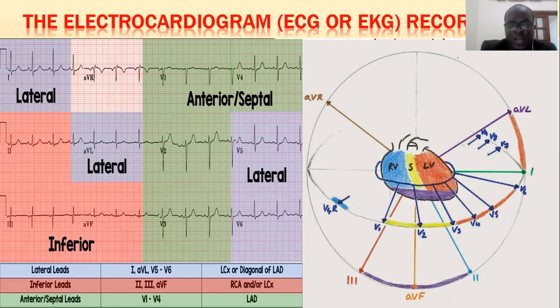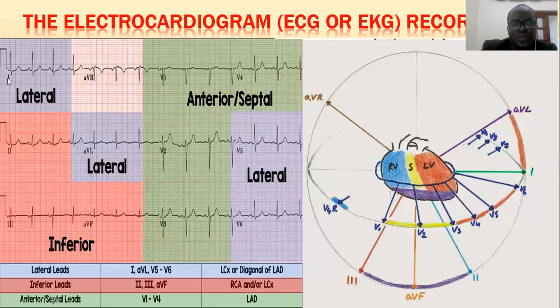So this is how you come up with some diagnosis of heart conditions. You can see this is just a normal ECG. From here, you can appreciate that in lead 1, you can see the P wave followed by the QRS complex. Then you have the T wave, another P wave, QRS complex, and a T wave.